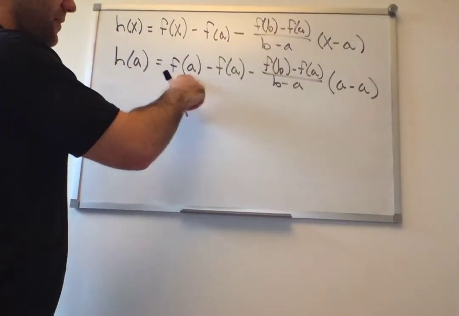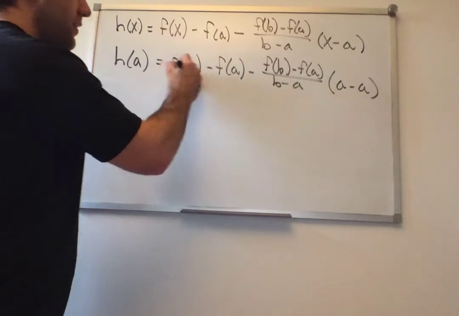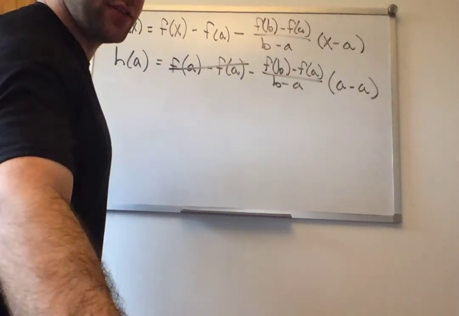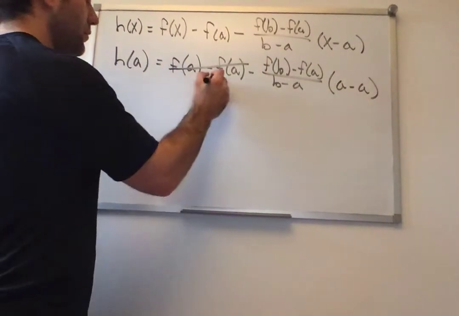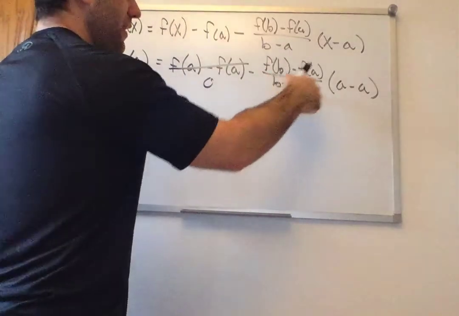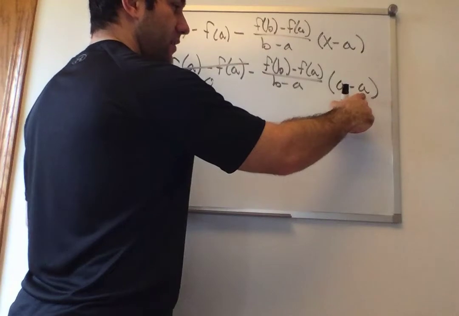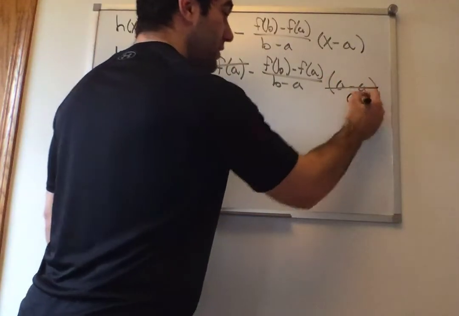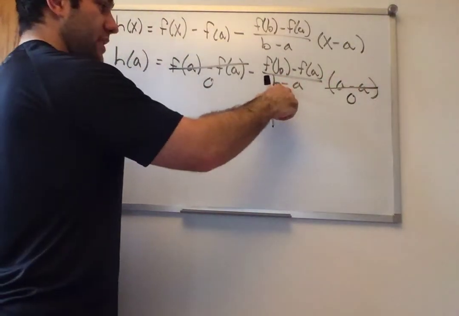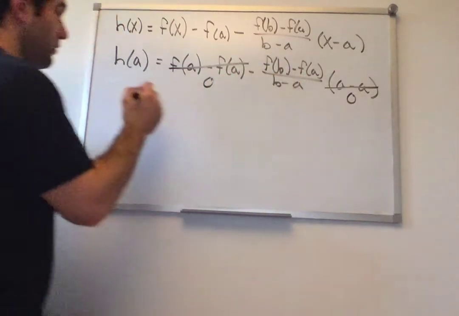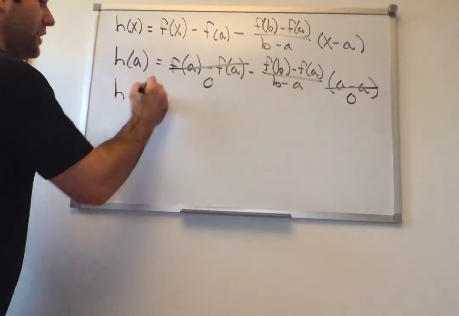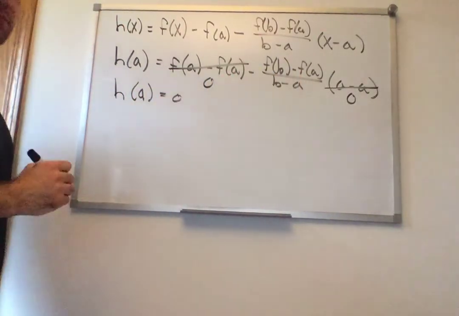F of a minus f of a, that cancels right there. So that's 0. This right here is just a number. Remember, it's just a slope. But a minus a, this right here is also 0. 0 times a number is 0. You got 0 minus 0. H of a is equal to 0.